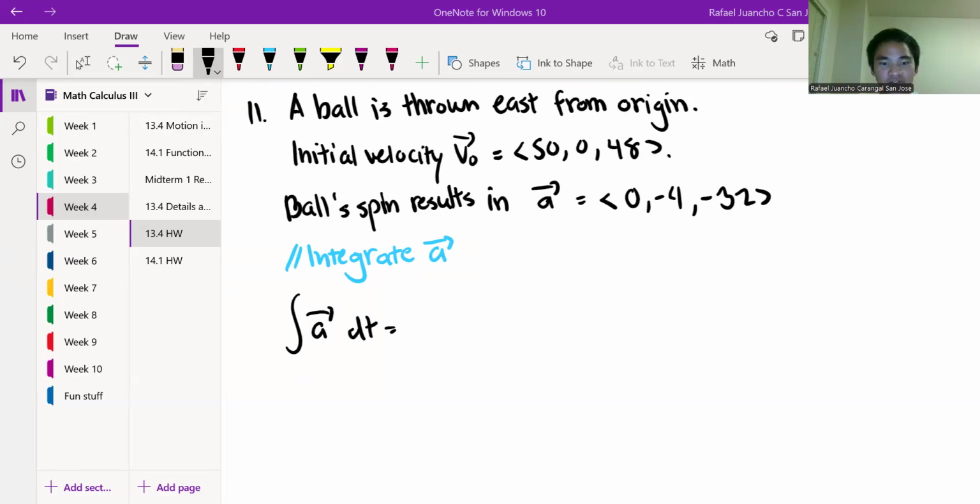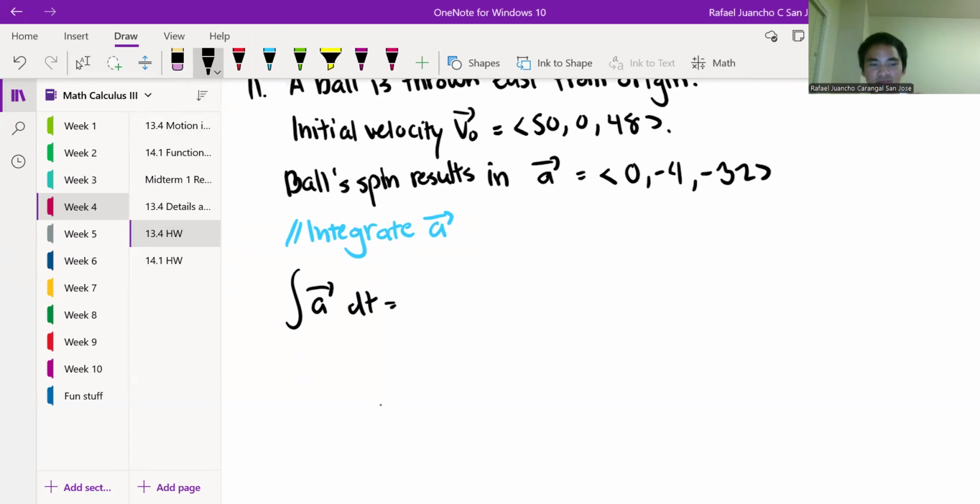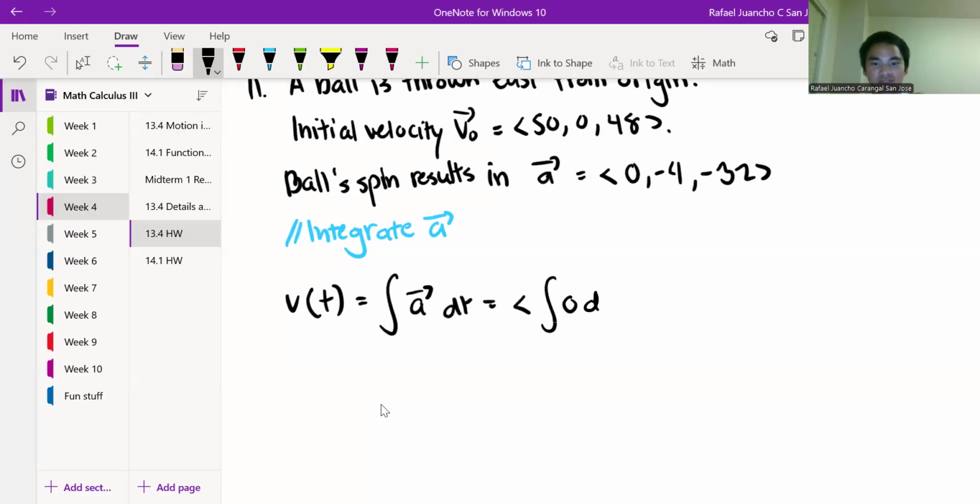Oh, now I get a function, right? So that means I will get some function of t if I manage to integrate my acceleration vector. So I integrate each of these guys over here. Oh, look at that. I get parameters.